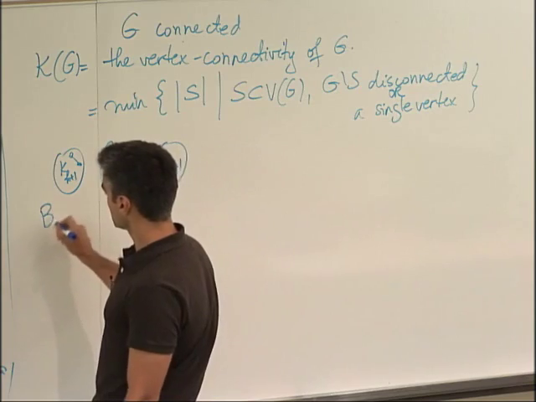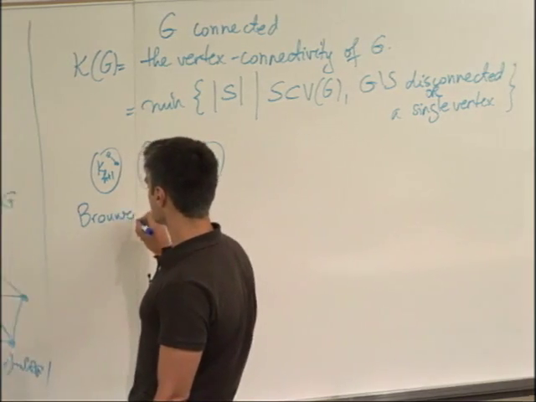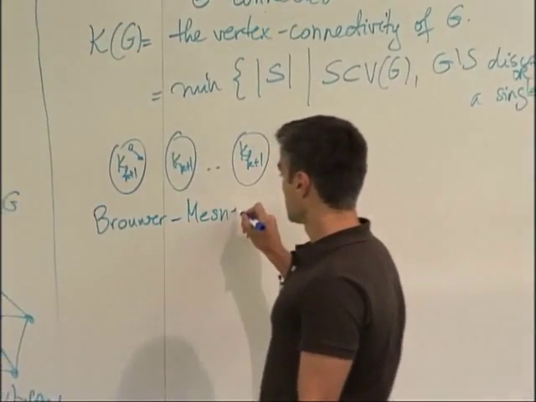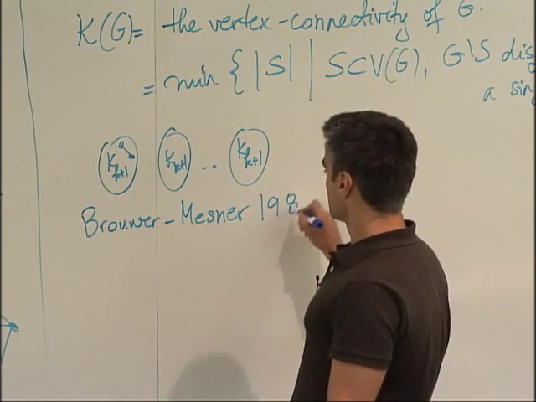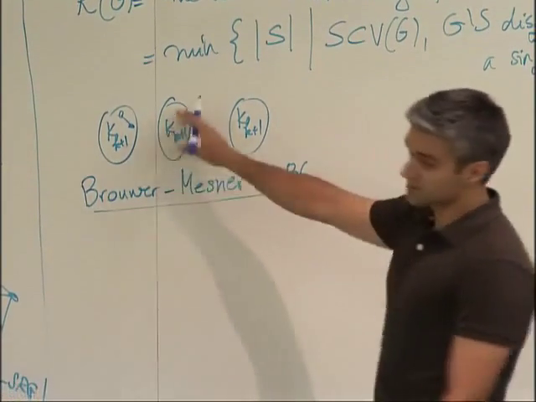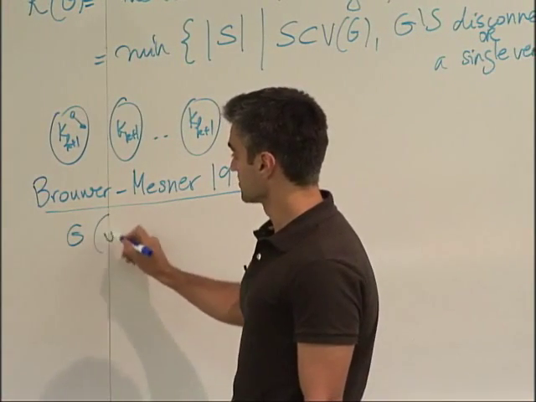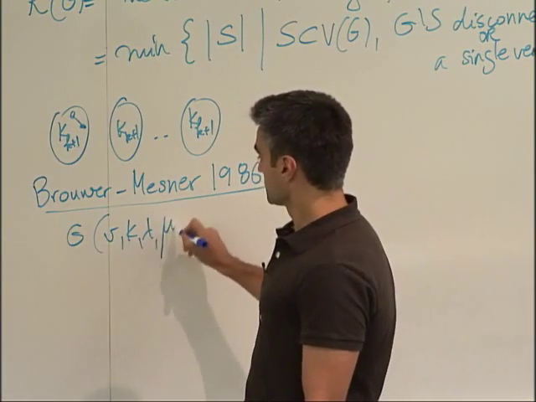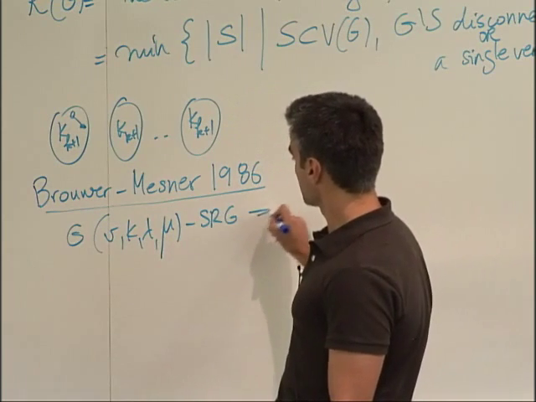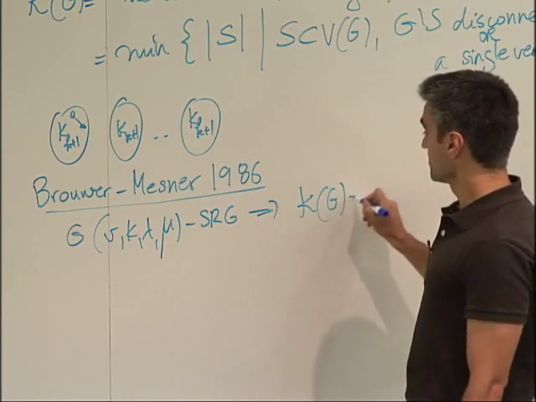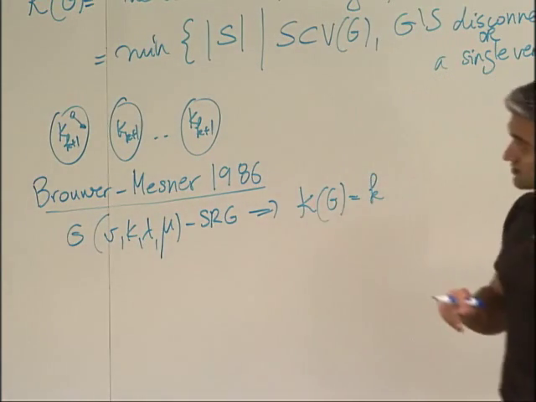So in 1986, Brouwer and Mesner proved that for all strongly regular graphs except unions of cliques and their complements, if G is a (v, k, lambda, mu) strongly regular graph, then the vertex connectivity of the graph equals its degree.